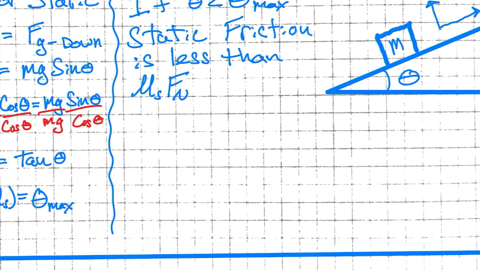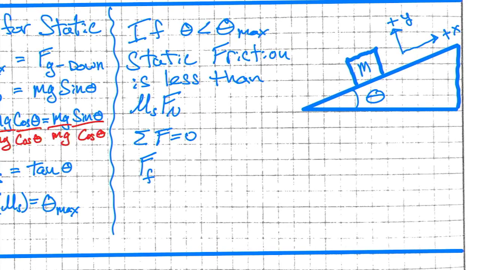And in this case, what we would have is sigma F equals 0. We'd have the force of friction, which is holding the box up the ramp. That was positive, right? Up the ramp was positive. Minus the force of gravity parallel to the ramp.